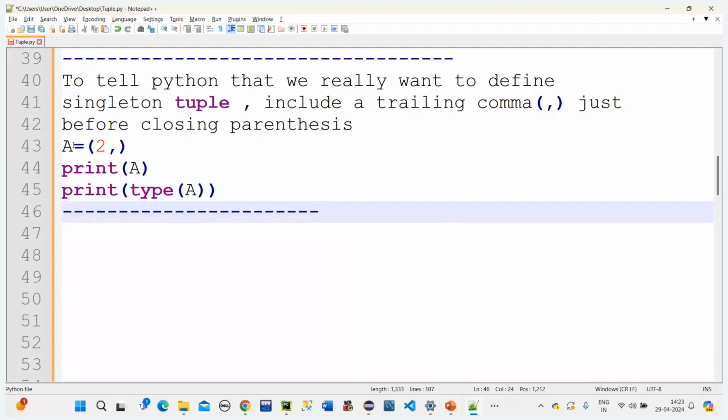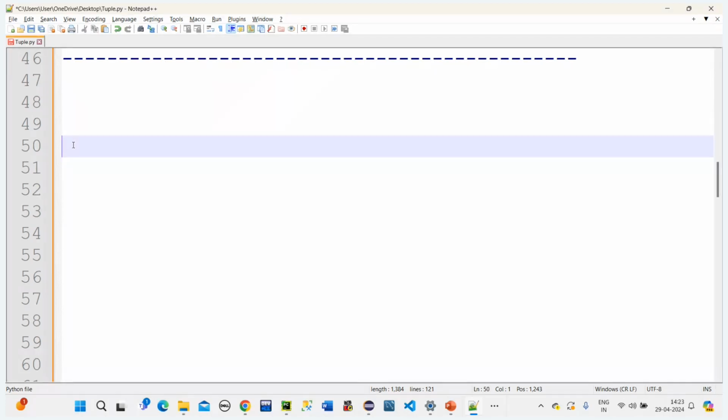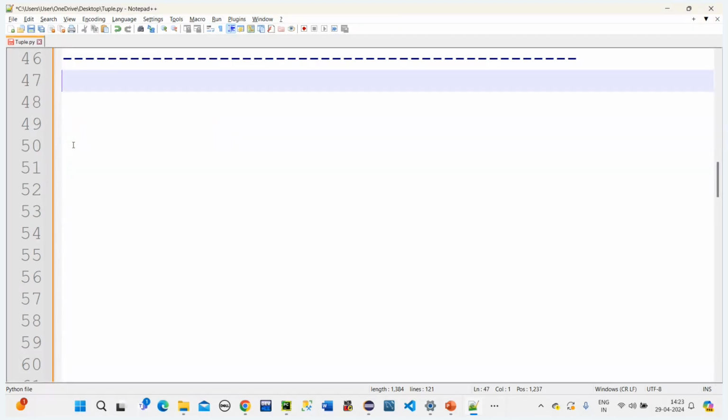Yes. Now is it clear for everyone? Guys, up to here it is clear? Yes, sir. Okay. Now we are going to see something very important, and if an interviewer is asking about tuple, he will definitely ask this concept.